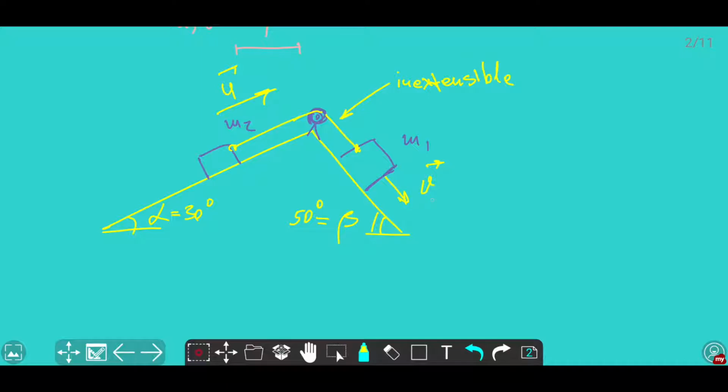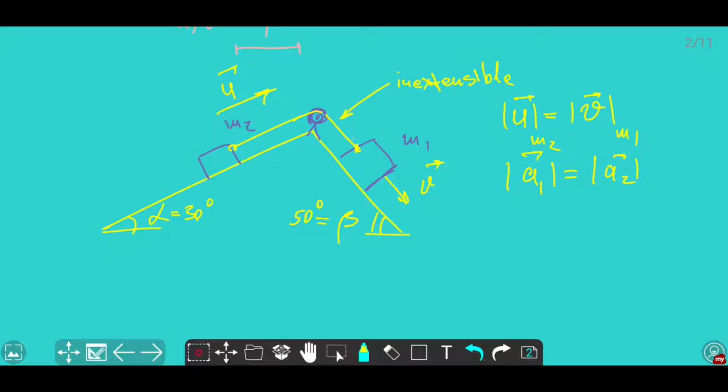However, you can still consider these two objects as connected particles. Why? Because the magnitude of speed of M2 will be equal to the magnitude of the speed of object M1. And what about acceleration? The magnitude of acceleration will be the same, because you consider that this string is inextensible.